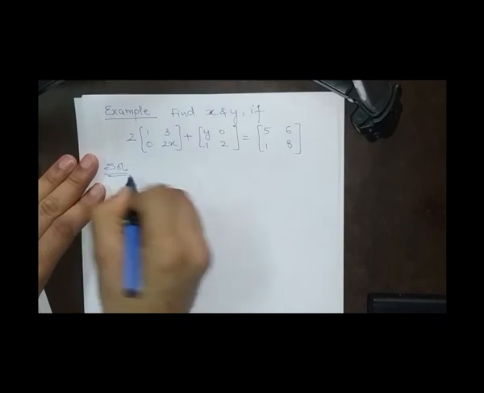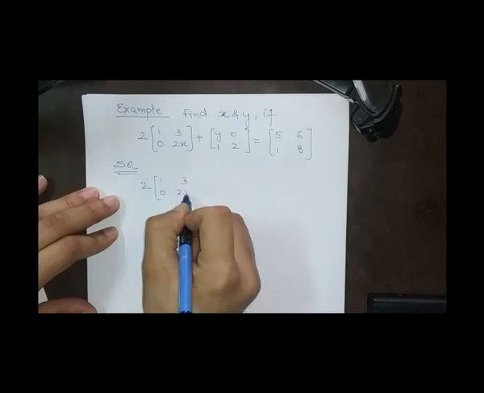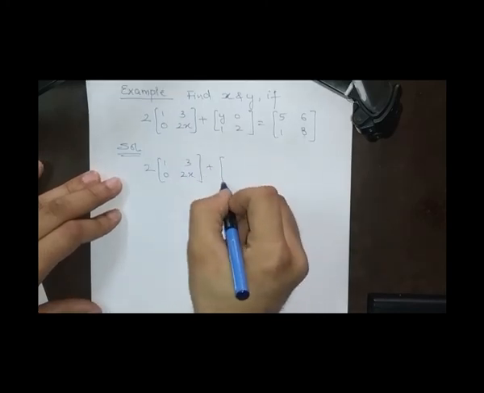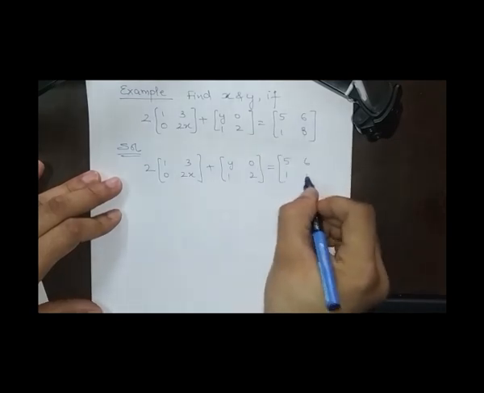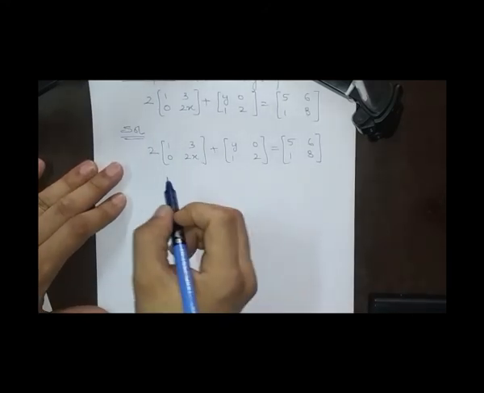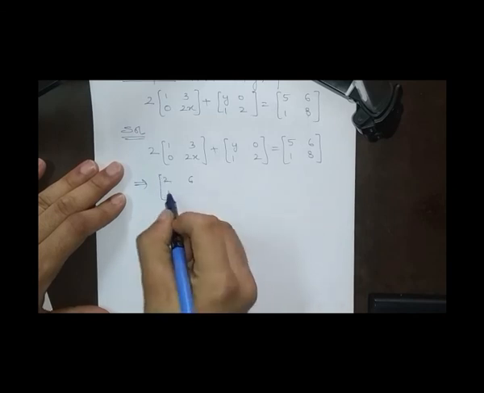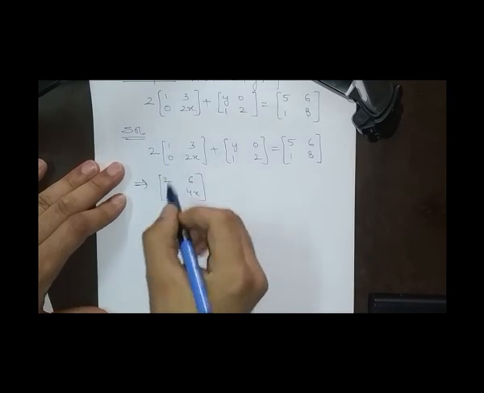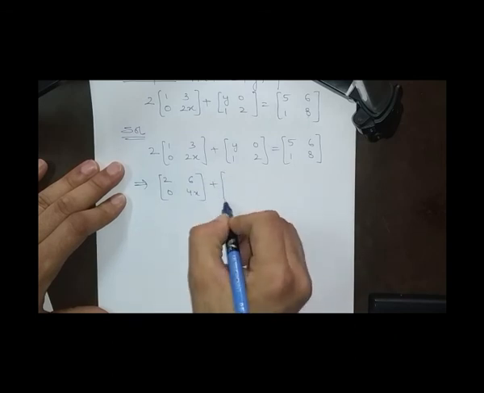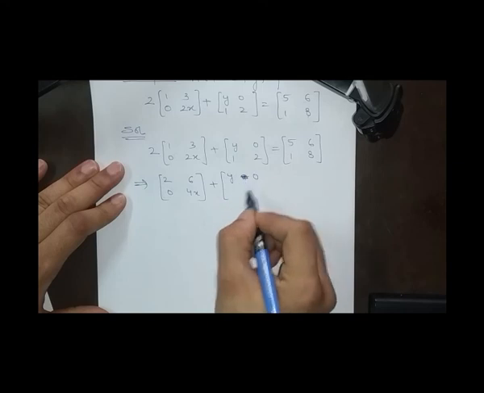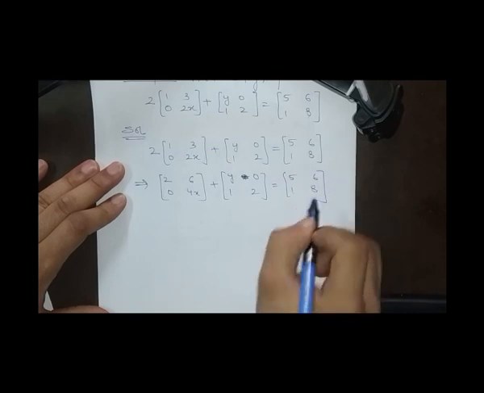The solution is 2 into 1 3 0 2 plus x plus y 0 1 2 is equal to 5 6 1 8, and it implies 2 6 0 4, 2 into 1 is 2, 2 into 3 is 6, 2 into 0 is 0, 2 into 2 is 4, plus x plus y 0 1 2 is equal to 5 6 1 8.